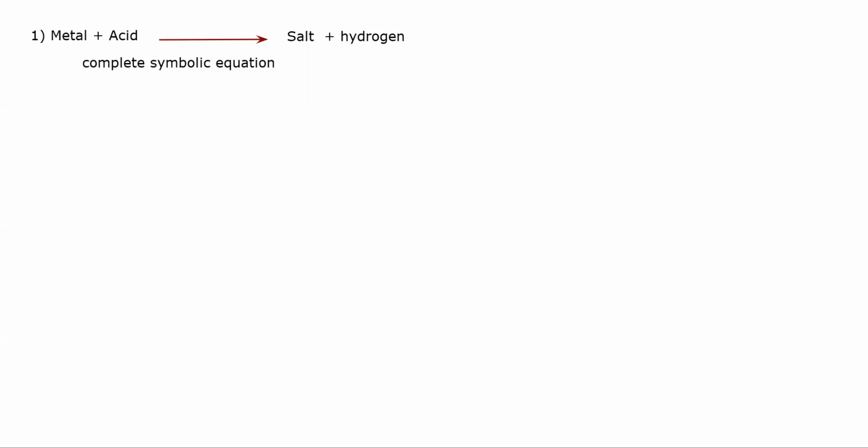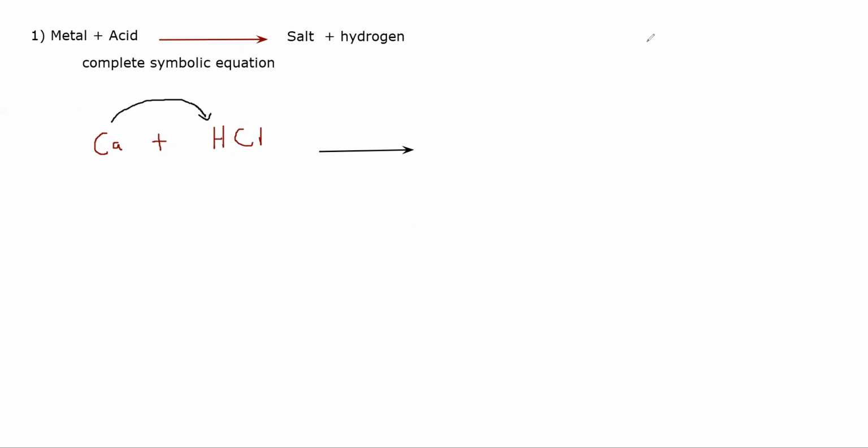So if I say calcium plus hydrochloric acid, HCl. When a metal is reacting with acid, the metal will displace hydrogen. So the metal will take the position of hydrogen. So there will be a compound which contains calcium and chlorine. But the important thing is knowing the formula. What will be the formula of a compound which contains calcium and chlorine? The calcium chloride will be the product.